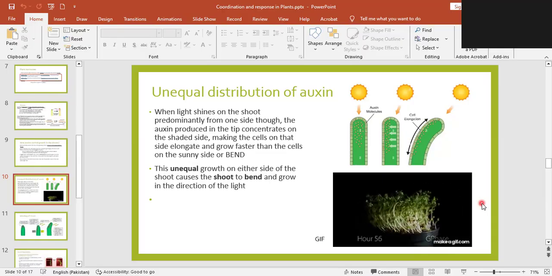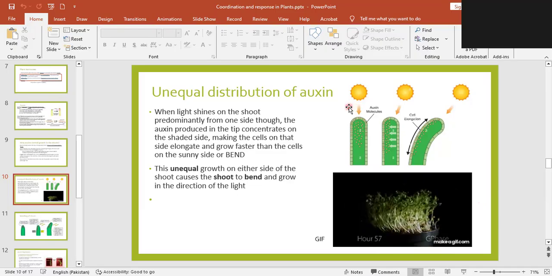Let's go to it. There's something known as equal distribution of the auxin, right? Equal distribution of the auxin. If the source is the light, for example, let's take the plant is outside in the garden underneath the open sky. The natural source of light is the sun.